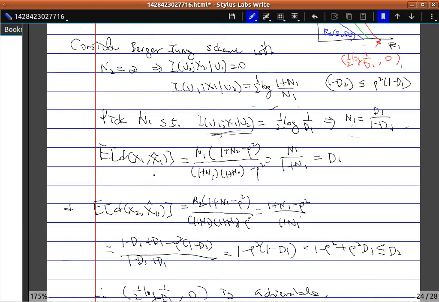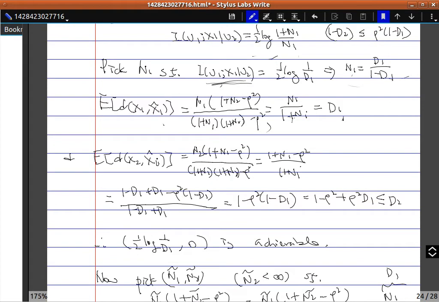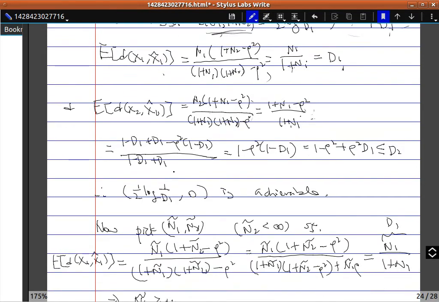So we compute the distortion for the variable x1, which is equal to this thing that we computed earlier on. Now we substitute n2 to be infinity. We get m1 over 1 plus m1, and of course this is just equal to d1. And the distortion of x2 is equal to 1 plus m1 over 1 minus rho square over 1 plus m1. We substitute m1 here into this equation, and we get this.